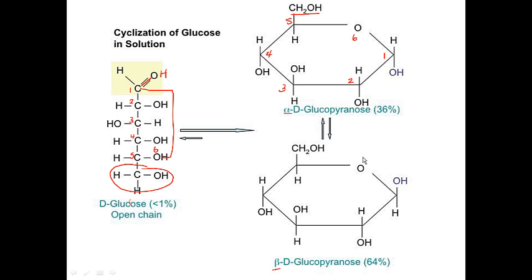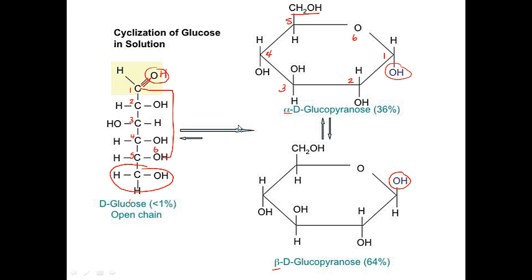It turns out that the alpha-beta terminology depends on the position of this OH group, which was formed as the cyclic hemi-acetal formed. And so these are two different diastereomers of these sugars, and these two diastereomers can have quite different reactivities, but again, that's a topic you'll learn about later on.